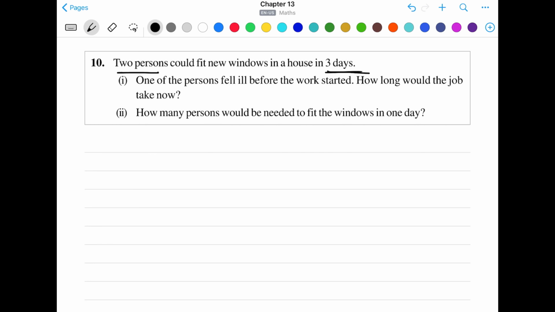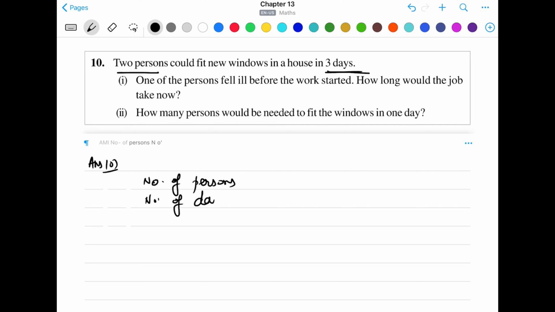First, if one of the persons fell ill before the work started, how long would the job take now, and how many persons would be needed to fit the window in 1 day. Let's write this in table form first. This is answer number 10. We have the number of persons and the number of days.